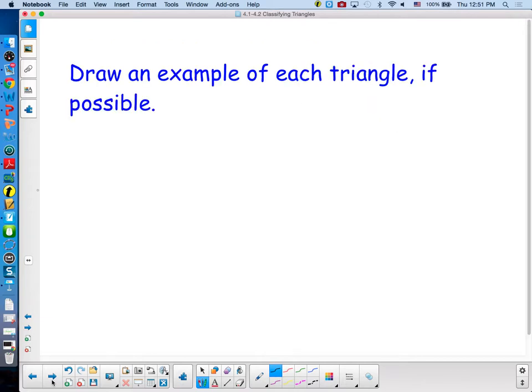Okay. I want you to try and draw me a picture of the triangle that I'm asking. Okay? Some of them are going to be not possible, so watch out for those. Okay, first I want you to show me on your marker board an acute isosceles triangle. Or write the word not possible.